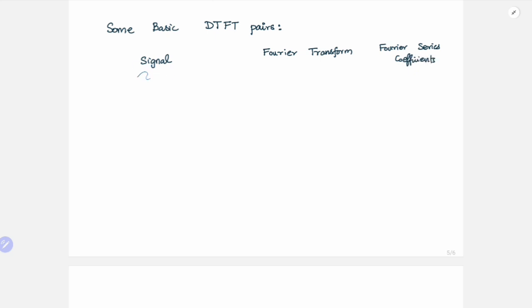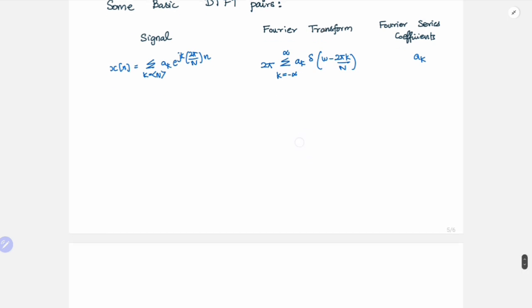First, for a periodic signal x of n equal to summation over k of ak e power jk 2 pi by N into n, where the Fourier series coefficients are ak, what is the Fourier transform going to be? It is going to be 2 pi summation k equal to minus infinity to infinity ak delta of omega minus 2 pi k by N. And again your ak is also periodic here, correct?